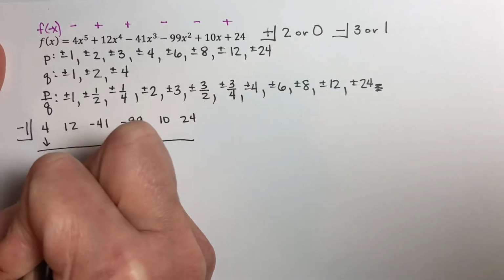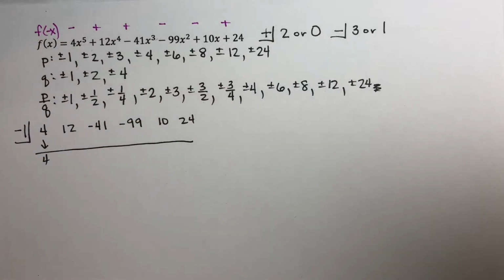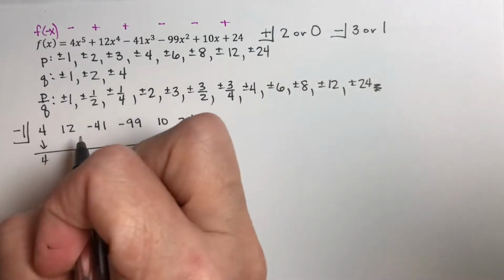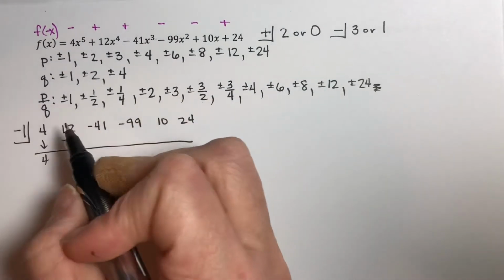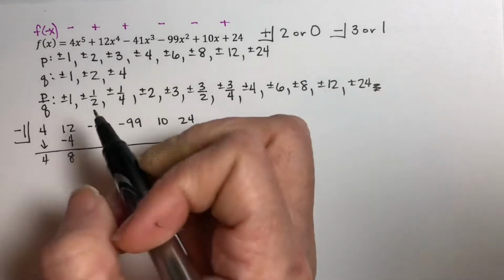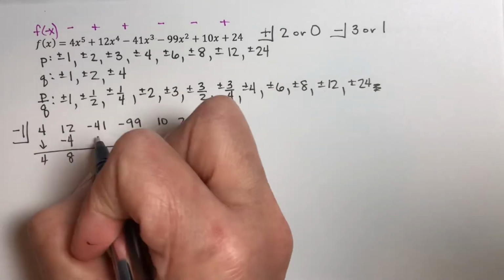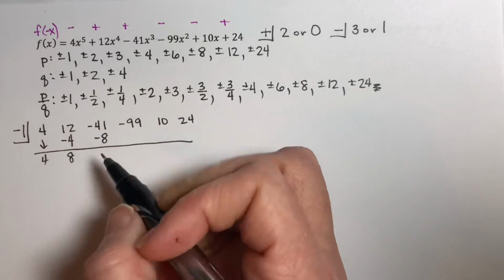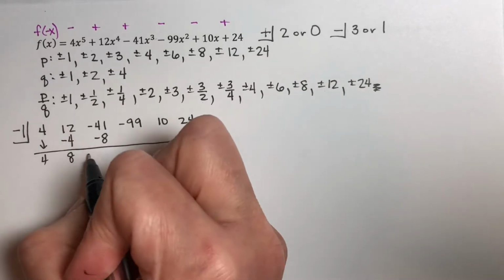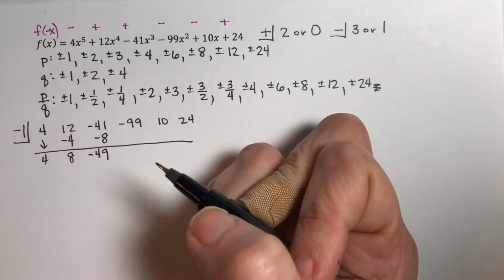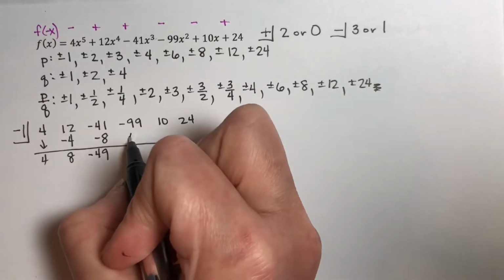Bring down the 4. 4 times -1 is -4. I add, I get an 8. Multiply, that's a negative 8. Add, you get negative 49. Multiply, you get positive 49.